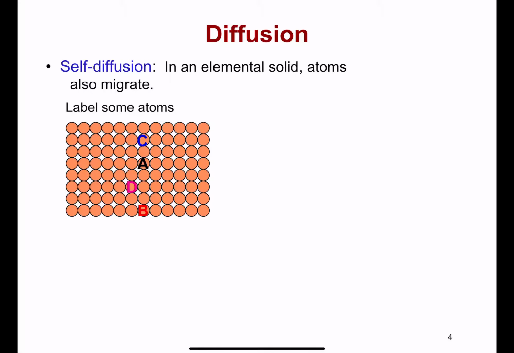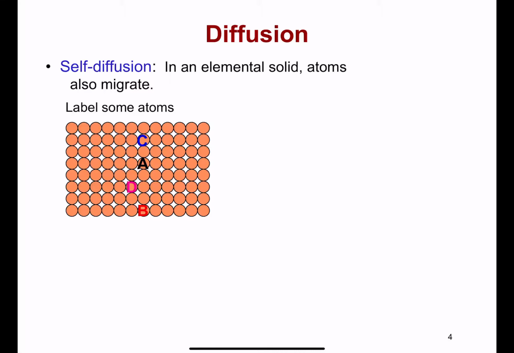Okay, so that was an obvious example where we asked two foreign materials to interface and mix, according to Hume-Rothery rules to predict what would occur. You might imagine, well, could copper atoms mix with themselves in the pure copper material? And of course they can. So there's a self-diffusion topic there. In an elemental solid, its pure form, atoms can also migrate by similar mechanisms.